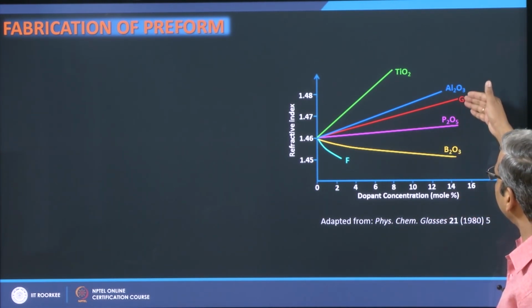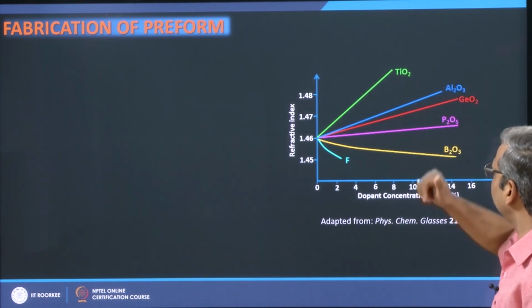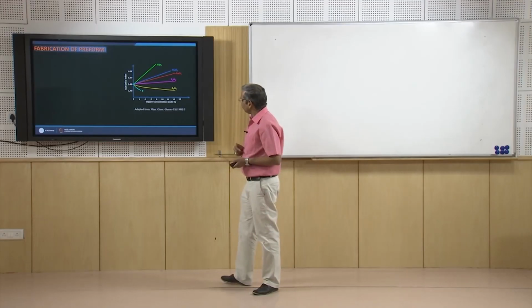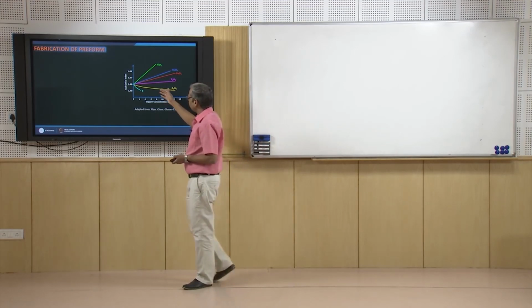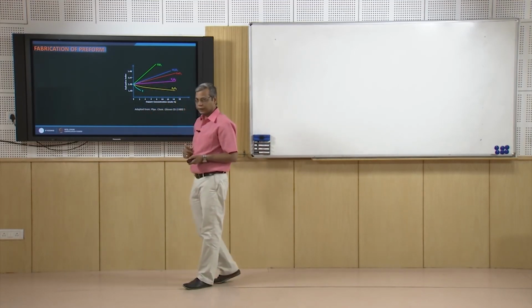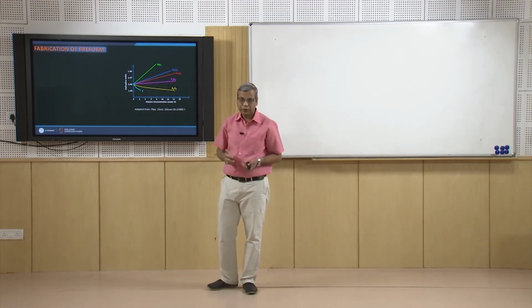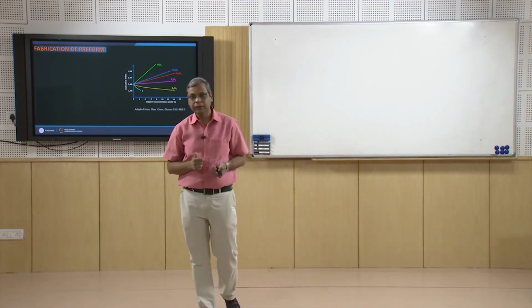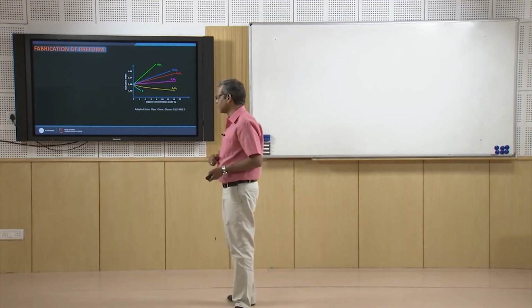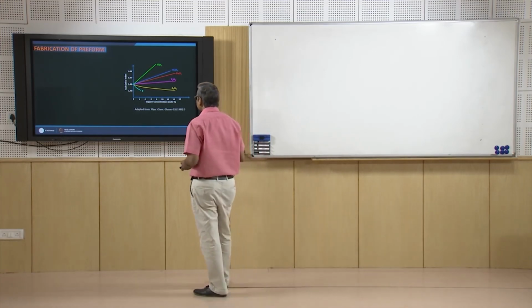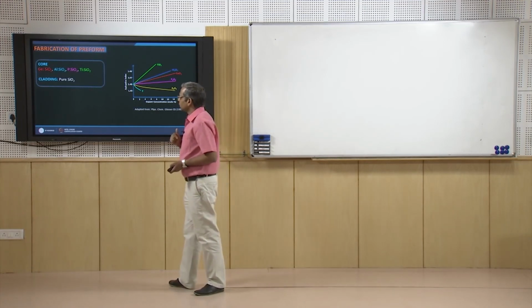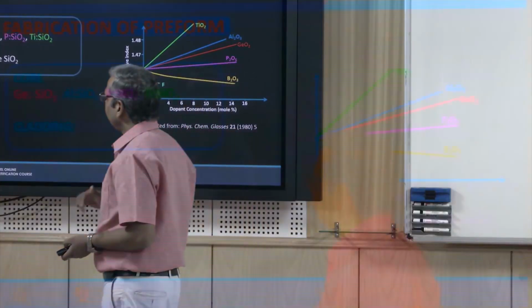In the flame hydrolysis technique, you can have either vapor axial deposition, VAD, or outside vapor phase oxidation or outside vapor deposition, popularly known as the OVPO or OVD technique.